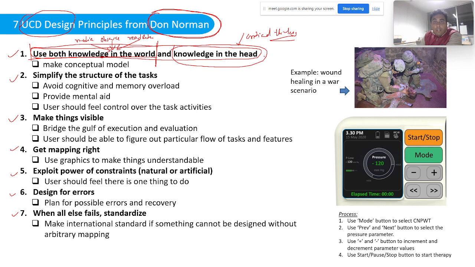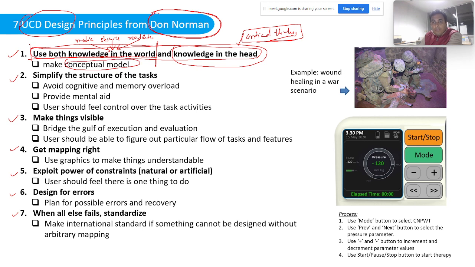So this is always a group activity. When you work in a group, your critical thinking plays an important role in converting the world knowledge together with your knowledge and generating the conceptual model for the product.